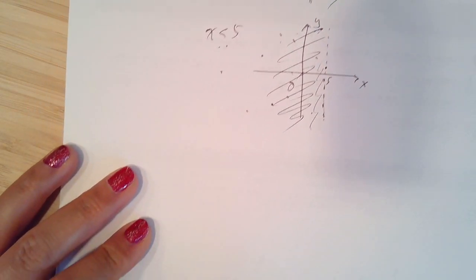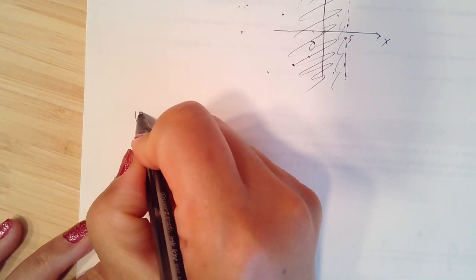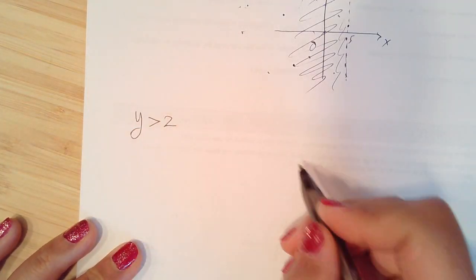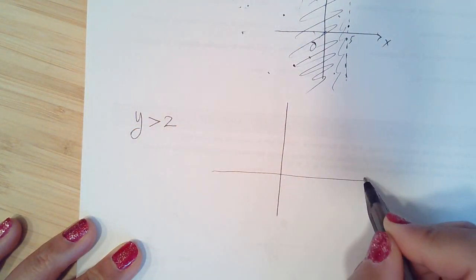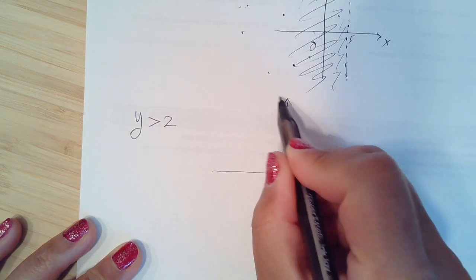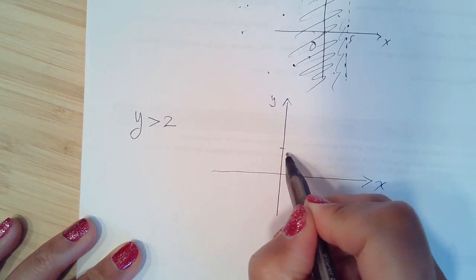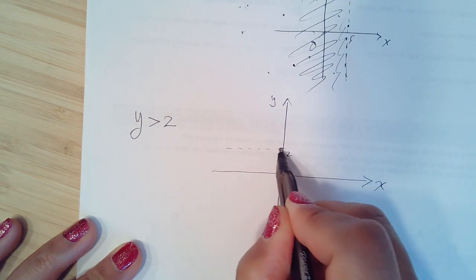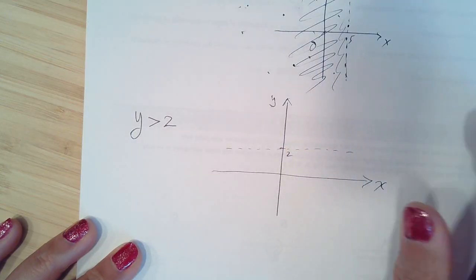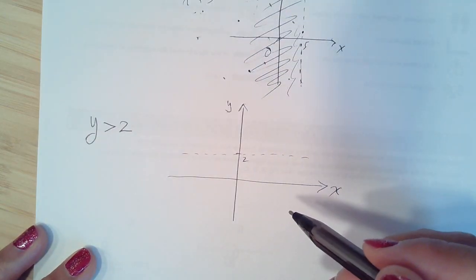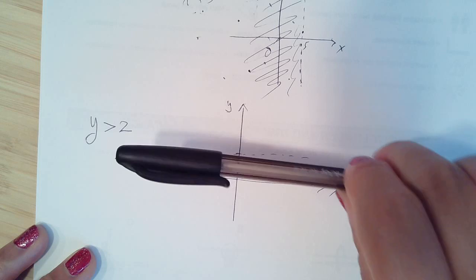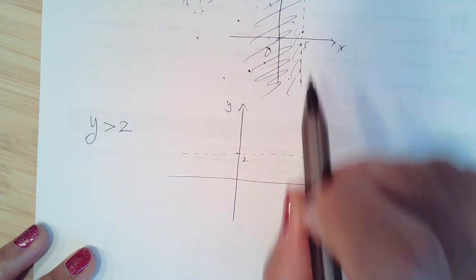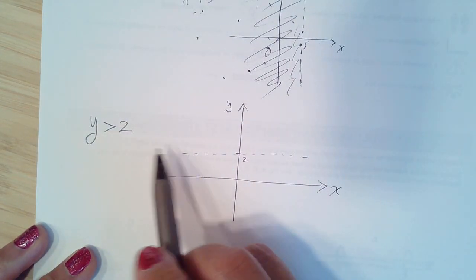All right, very similar is how to do y is greater than 2. So again, you change that into an equation. Do you know how to graph y equals 2? Okay, so it's going to be a horizontal line. That means for every single point, their y coordinate is 2. And then y greater than 2 means from here and above. And do you have an equal sign here?